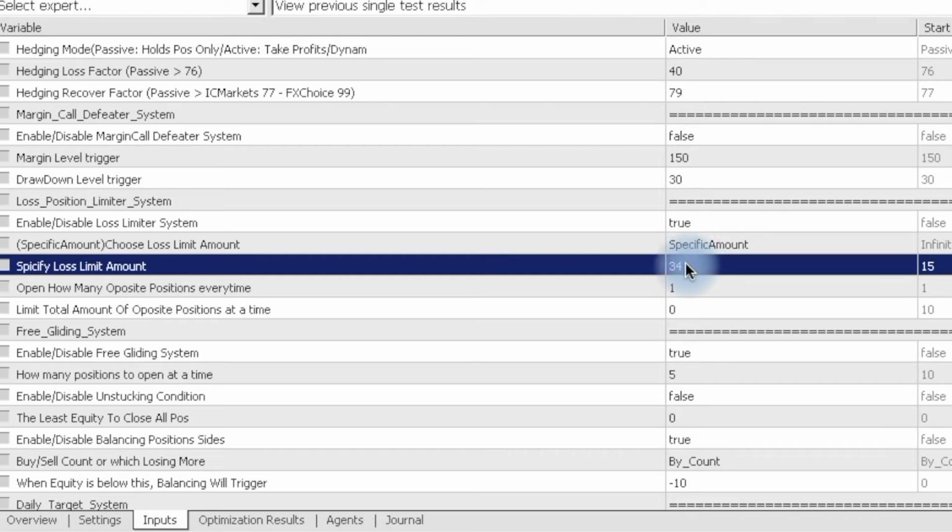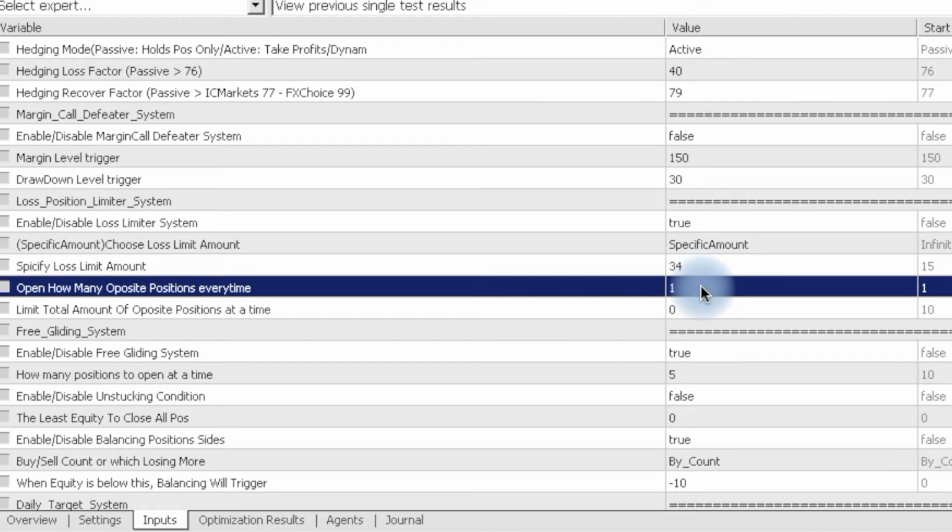Now, I would decide the losing amount, which is $34 or points. If my position is losing this amount, $34, of course this is multiplied by the lot size, which is 0.1 here. So if my position is losing, then close it. And I can also say open a counter position.